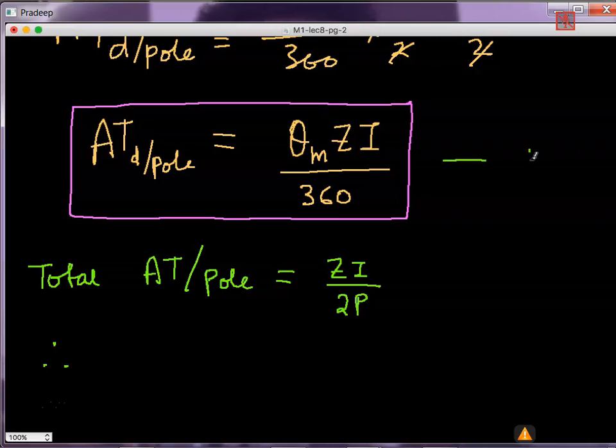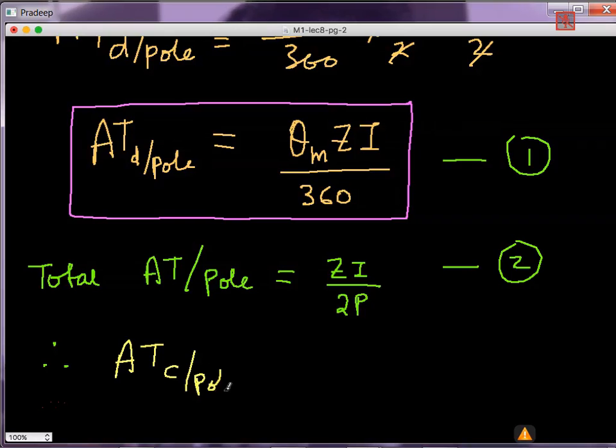So this is 1 and this is 2. Ampere turns causing cross magnetization per pole is nothing but 2 minus 1: total ampere turns per pole minus ampere turns causing demagnetization per pole.